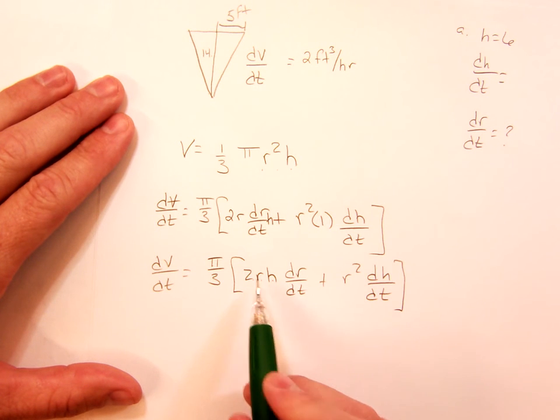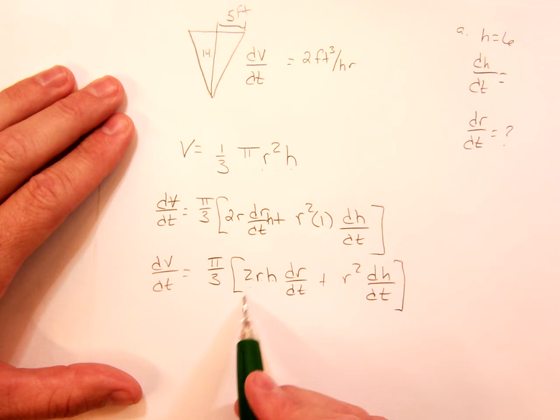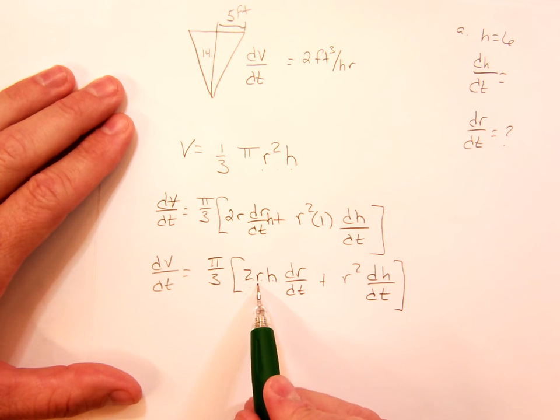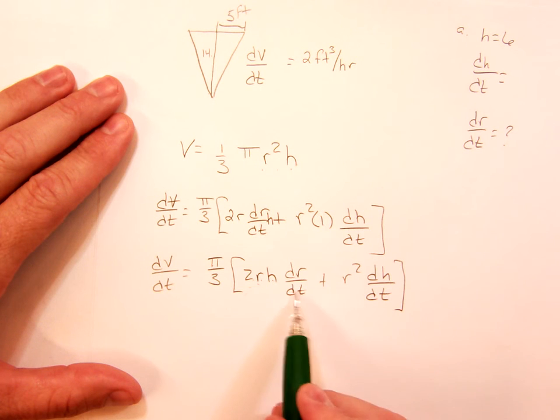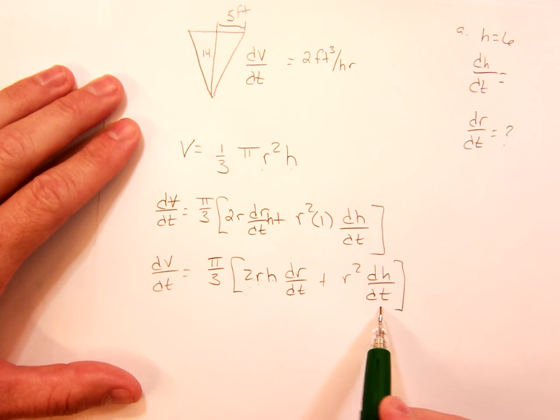Okay, so maybe it's not as easy as I said, and it's not. If I did have r though, I don't have dr/dt, but it's one of the things I'm looking for. I don't have dh/dt either, but it's also one of the things I'm looking for.